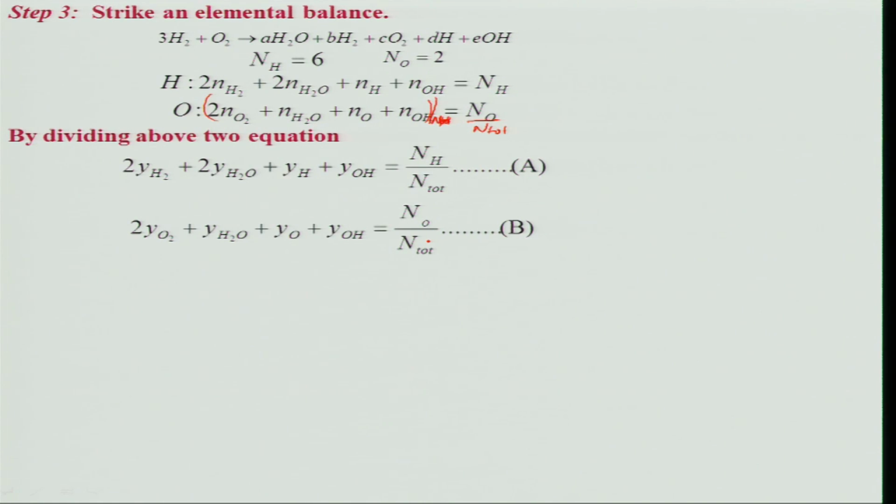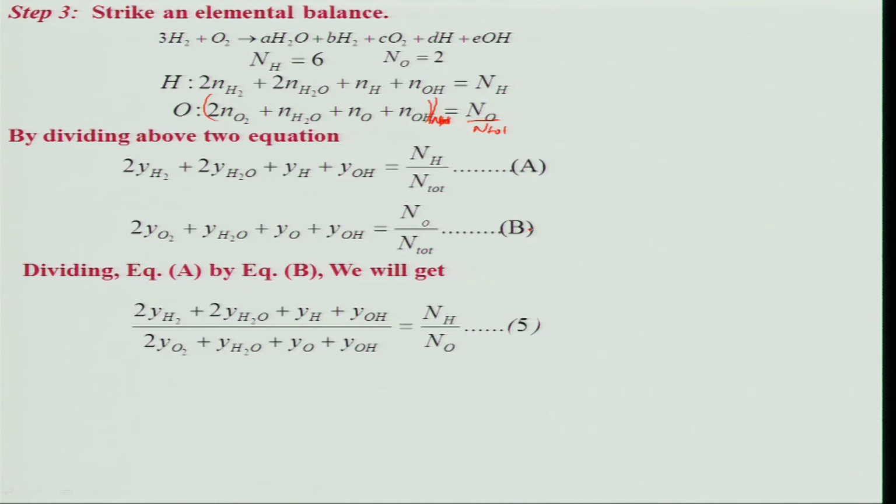Now, what I will do? I will just divide equation A by B. When I divide this, the N total cancels out. I get 2YS2 plus 2Y water plus YH plus YOH divided by 2YO2 plus YS2O plus YOH. So, this is known. What is that? That is basically 6 divided by 2, which is given.